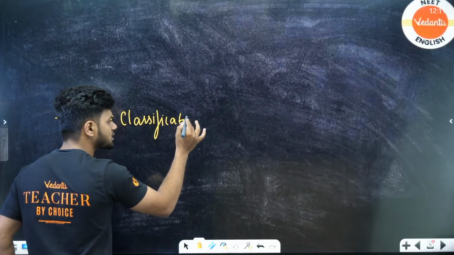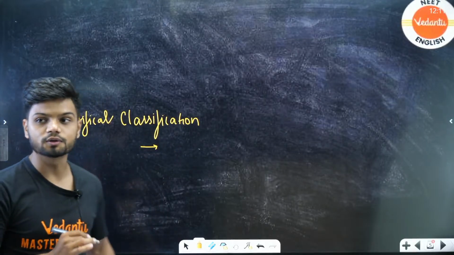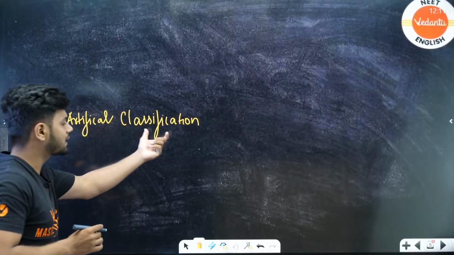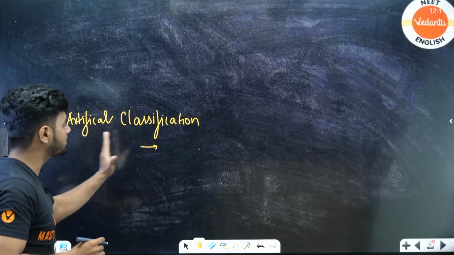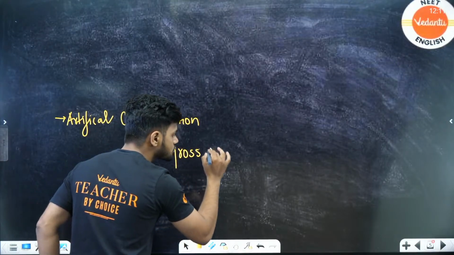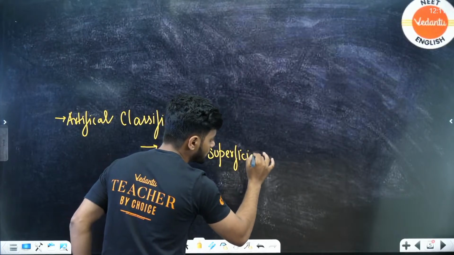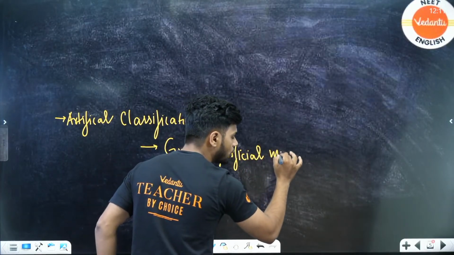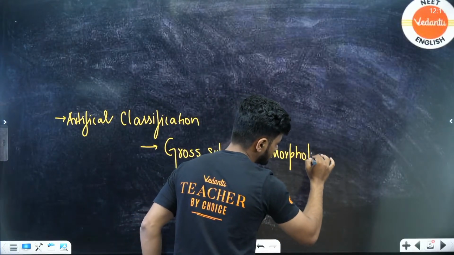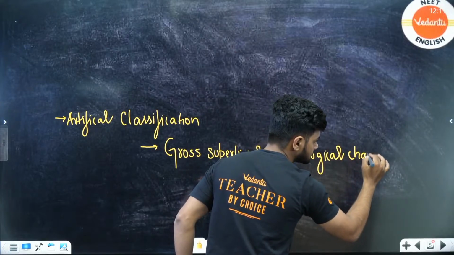In this artificial classification, according to the line of NCERT, this artificial classification was mainly based on gross, superficial, morphological characters.